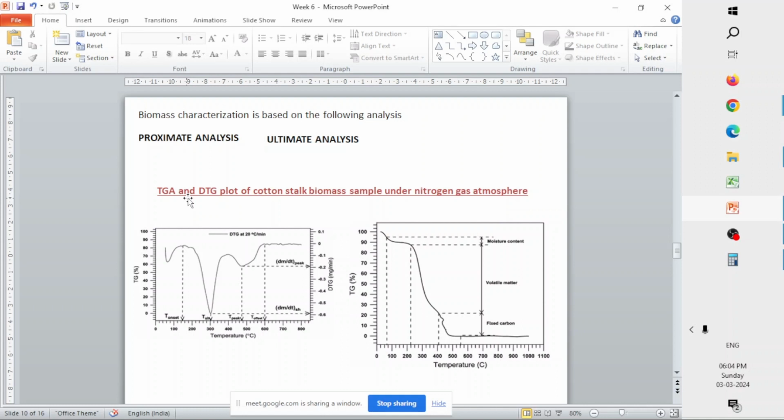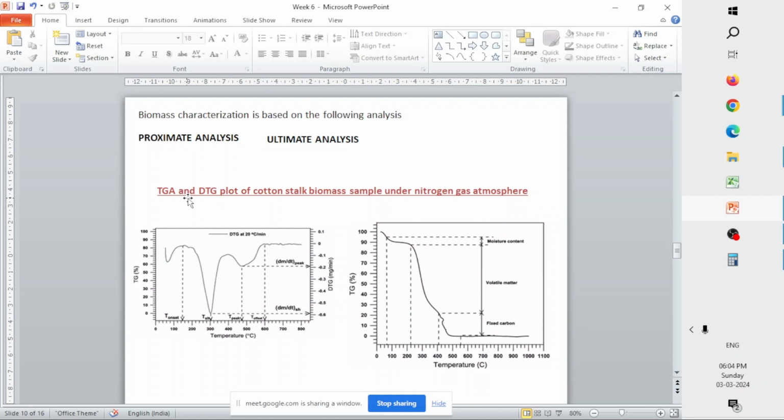So the chemical composition and its analysis come under the ultimate analysis, whereas proximate analysis is focused on physical parameters such as bulk density, apparent density, true density, the volume of the voids present in the biomass, the percentage of moisture, the percentage of volatile components, the fixed carbon percentage, and the ash percentage.